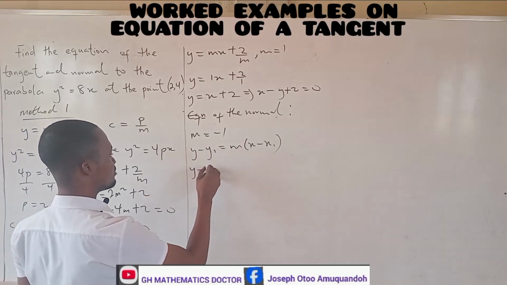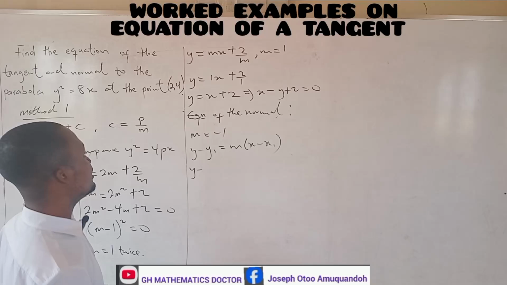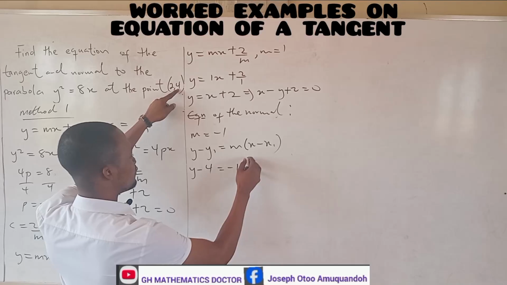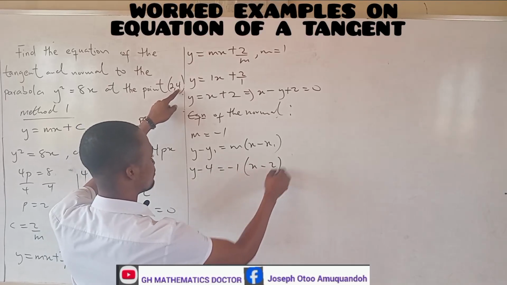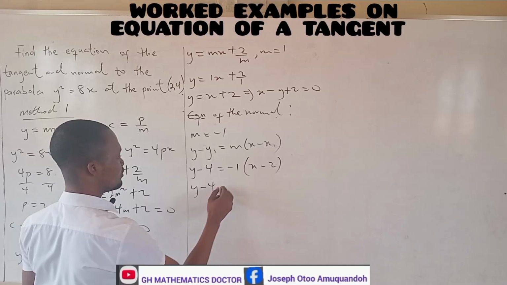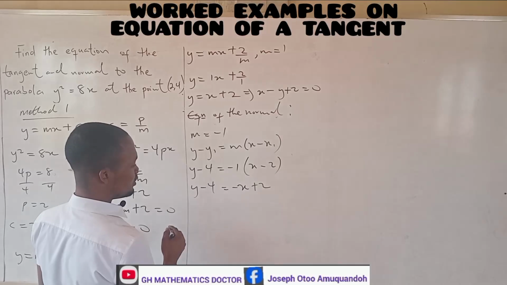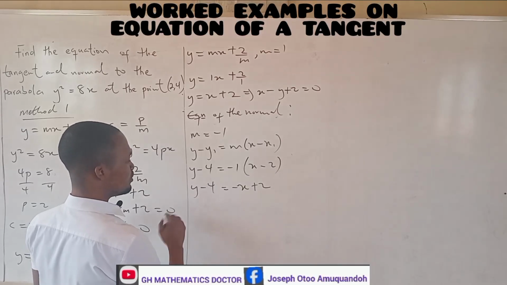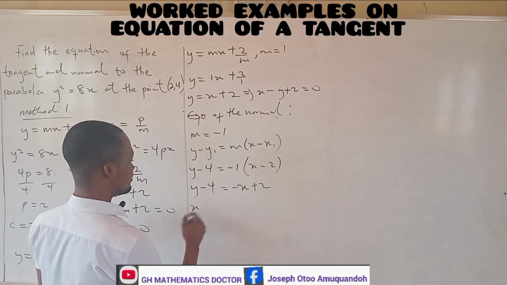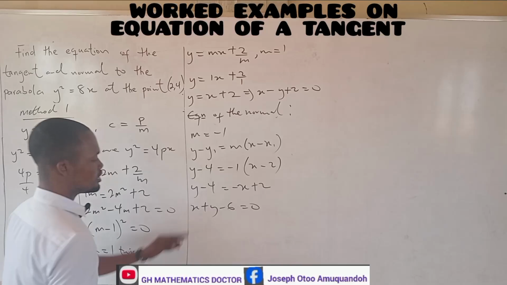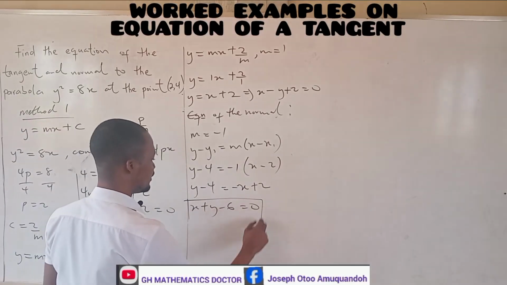So y minus 4, with the gradient -1, then x minus 2. So we work this out. We have minus x plus 2. And this will give you, in the standard form, x plus y minus 6 equal to 0. And this is the equation of the normal.